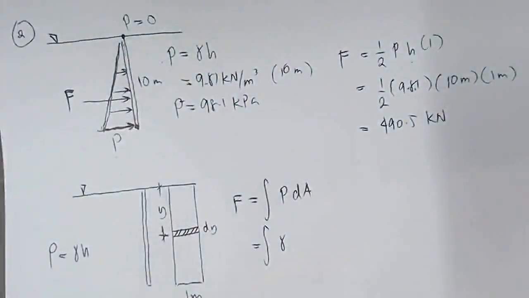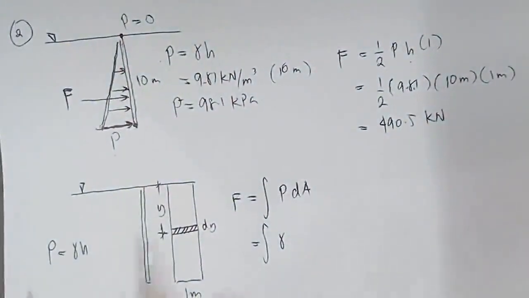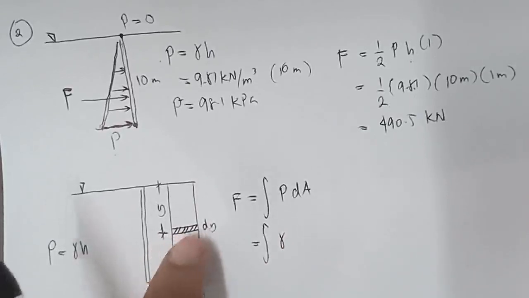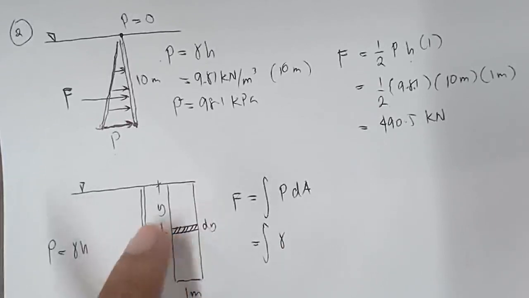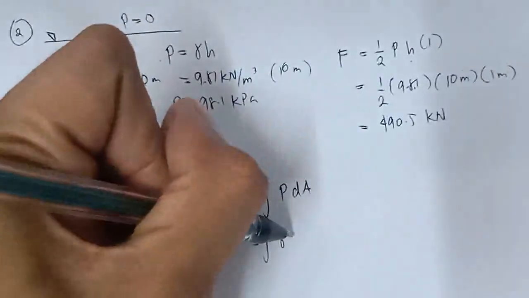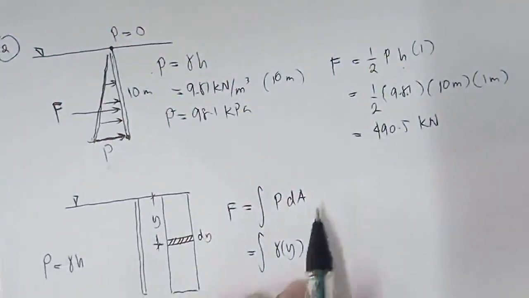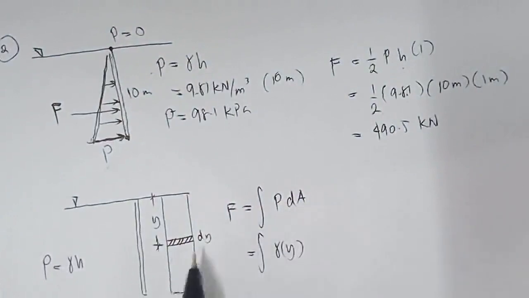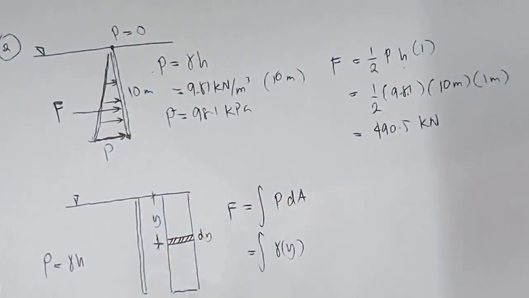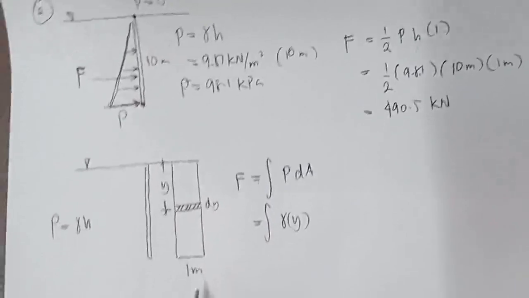Pero, kung gagamit tayo ng calculus guys, yung H bar natin dito, ito na yung variable Y. Kasi yung pinili nating area is the differential area, then yung centroid niyan, from the water surface, is equivalent to Y. So, you will use Y times Y. Ito na yung H bar. Then, differential area, yung area ng strip. Ang area ng strip is the differential of Y, yung thickness, times yung length ng strip is 1 meter.